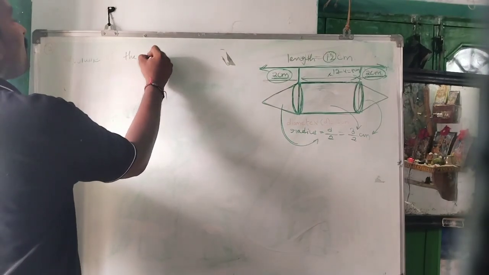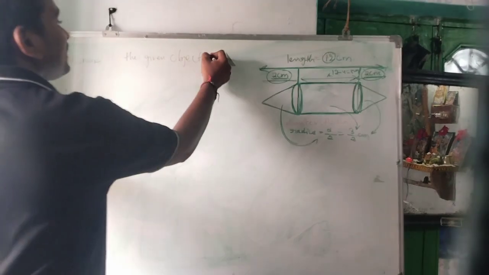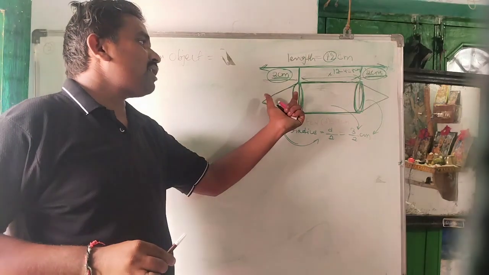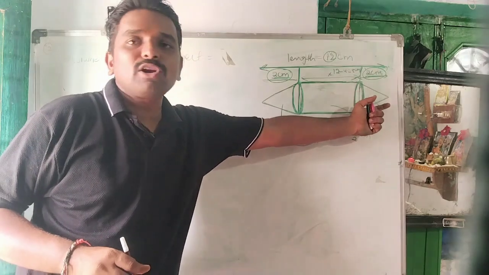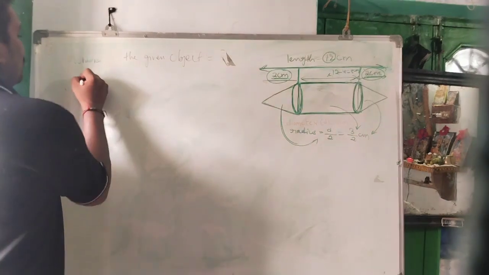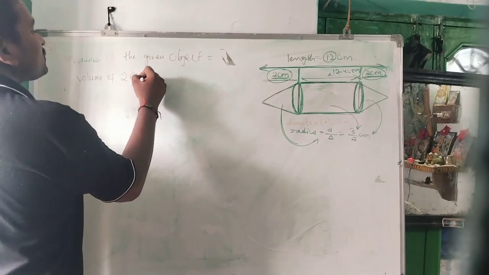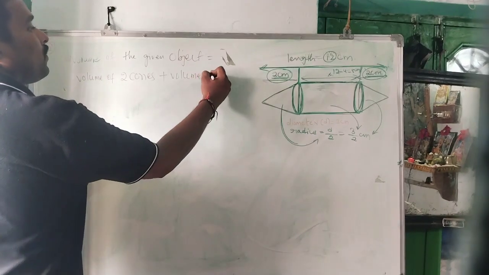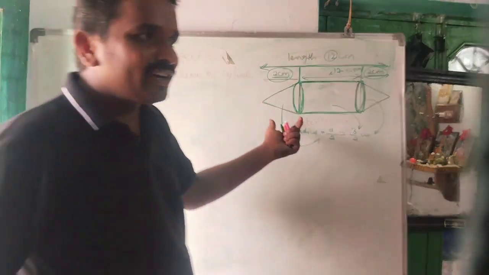We can easily find the volume of the given object. First we find the volume of a cone, next the volume of the cylinder, and next the volume of the other cone. If we add these three volumes, we will get the answer. So volume of two cones plus volume of cylinder gives the volume of the solid.